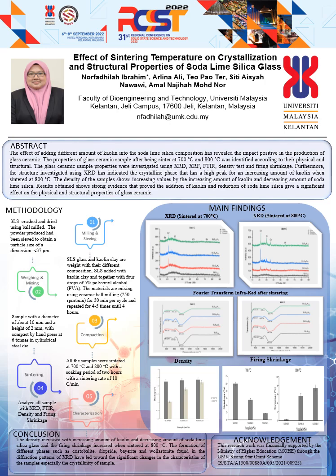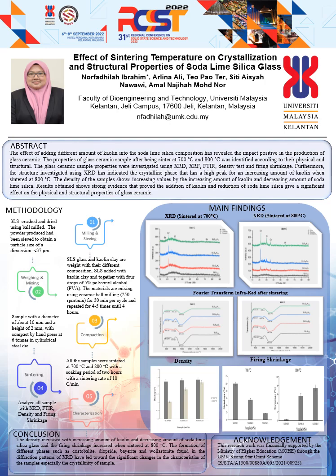The main finding here is the XRD result, between 700 and 800 degrees C. You can see that for zero addition of kaolin, which is 100 percent soda lime silica, there is no peak, which means that the sample is in amorphous regions.